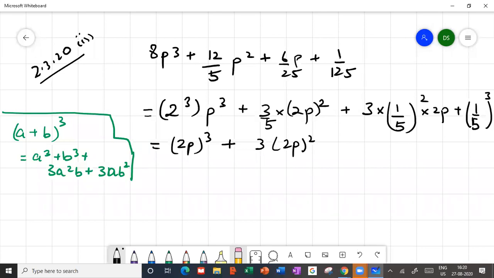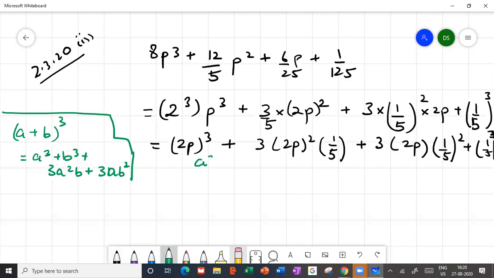Okay, it gets simplified actually. So this is 3a square and my b is 1 by 5, correct? And this I'm going to write as 3 into a into b square. Just for reference, I'm writing it here. This is a cube, this is 3a square b, this is 3ab square, and this is b cube.